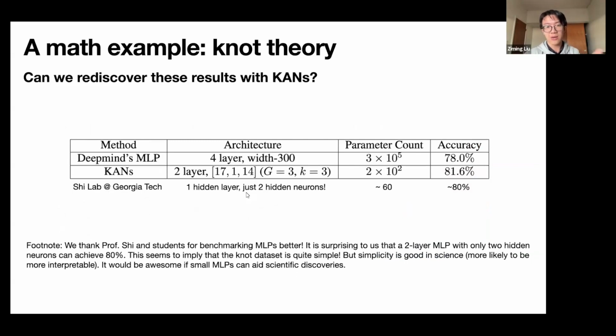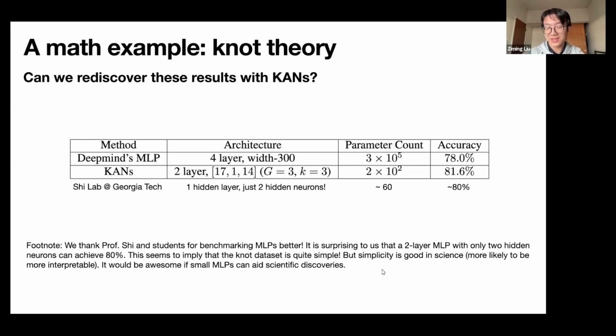This is optimistic for AI for science in general, because this means that for many tasks, including knot theory, you actually don't need to run a large model to do the task. You can just take a small model, and small models are actually more likely to be interpretable, either the small model being an MLP or KANs. But it's still not known whether an MLP can achieve the same level of interpretability compared to KANs.